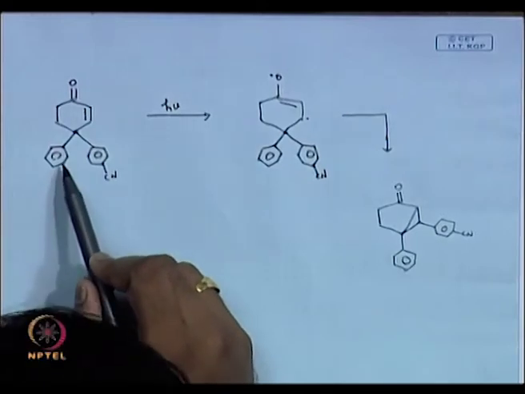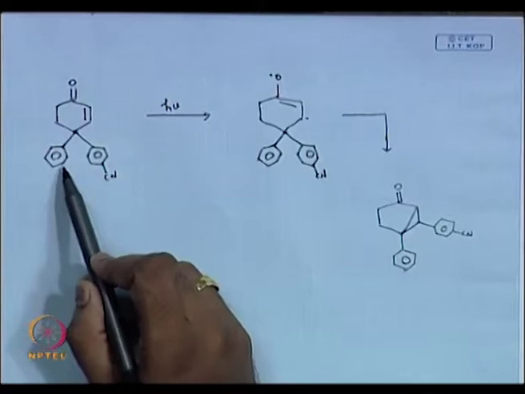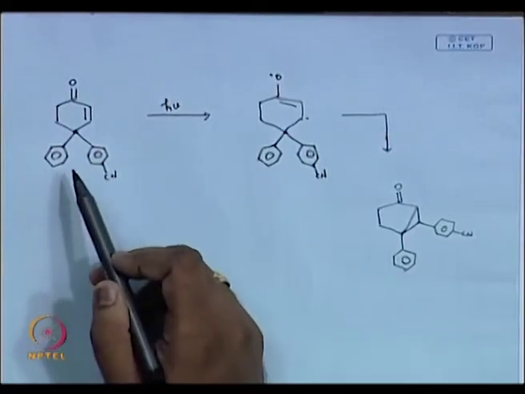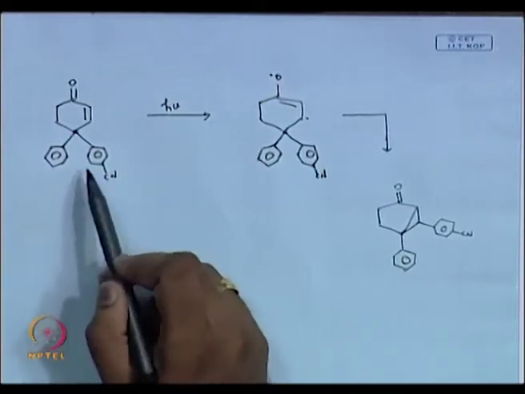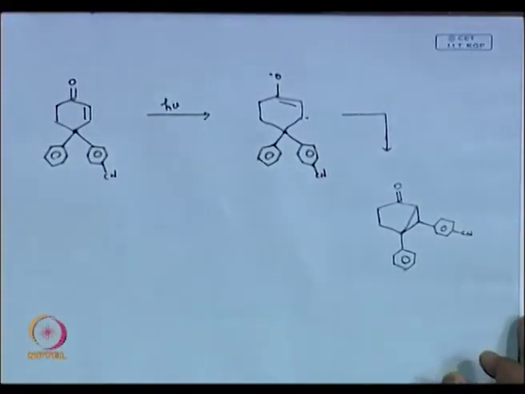Most of the time you are not given 2 phenyl systems. You will be given one system with an electron withdrawing group and one with an electron donating group, and then you think about what happens. If you have a chlorine and a fluorine, I have that in the assignment, I will give you that.